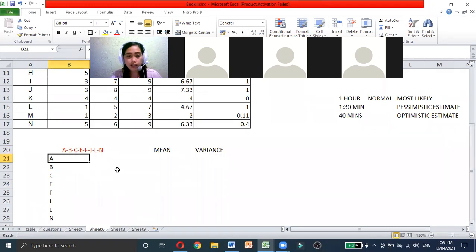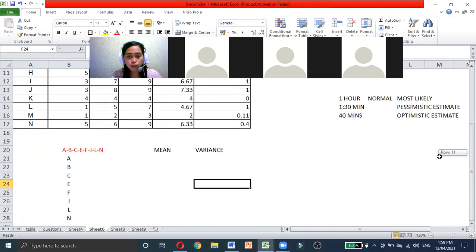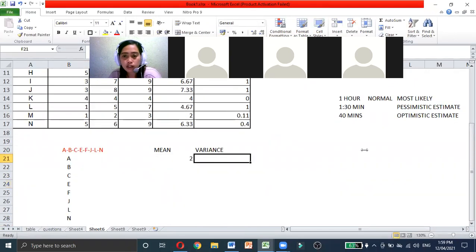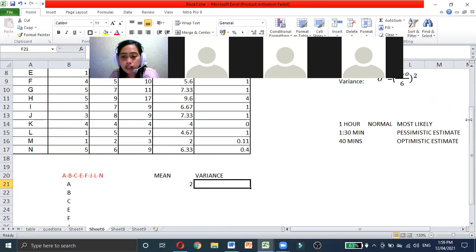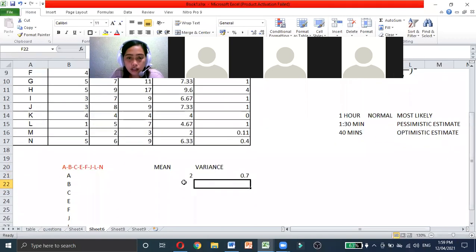Okay? What is A? A is 2, and then the variance is 0.7. B is 4.33, and then 1.